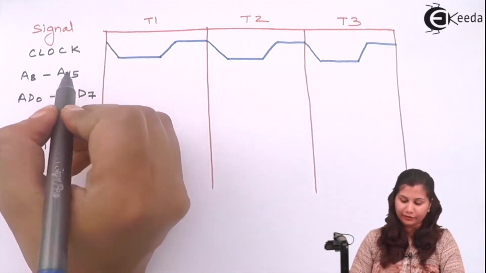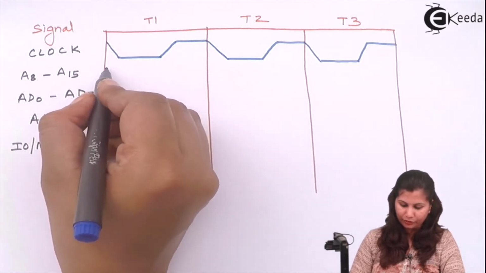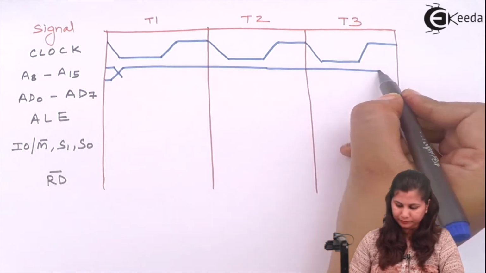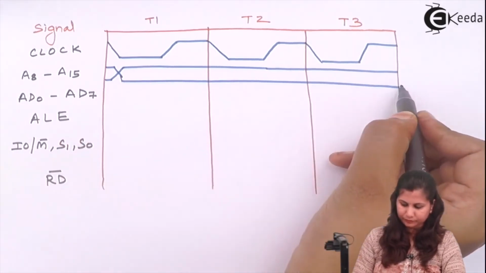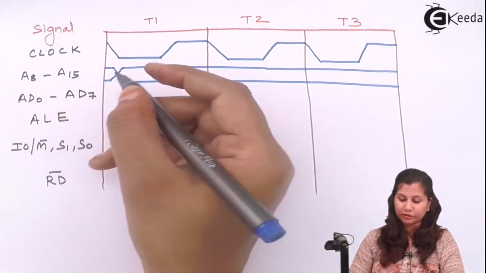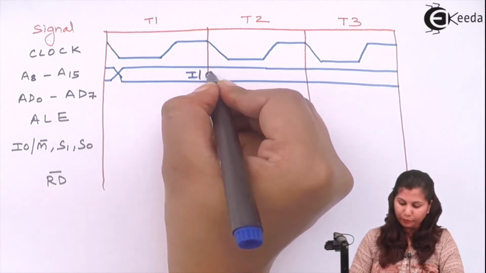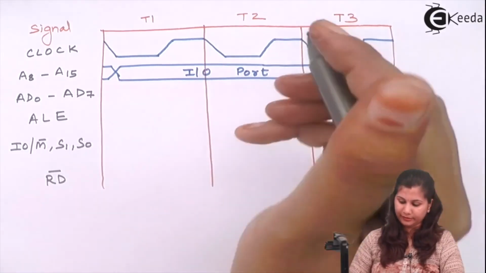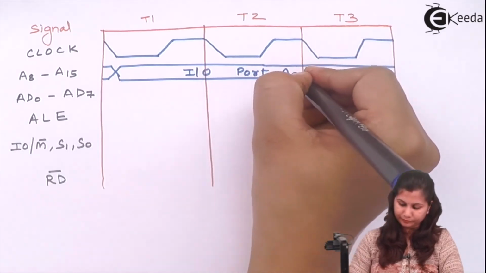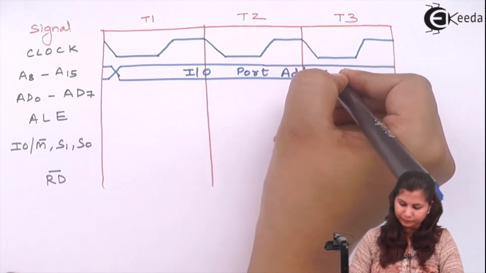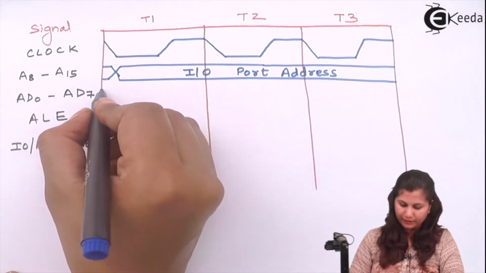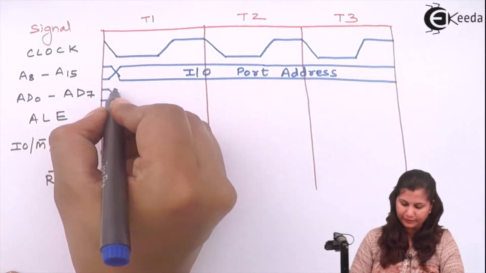Then we have the higher order address bus. Here the higher order address will be the input output port address, because input output devices are concerned here. And also on the lower order address bus, we will have the port address.